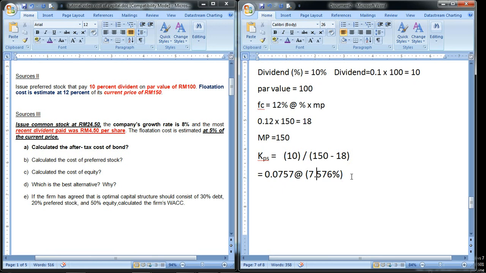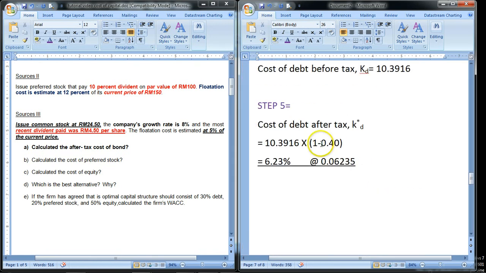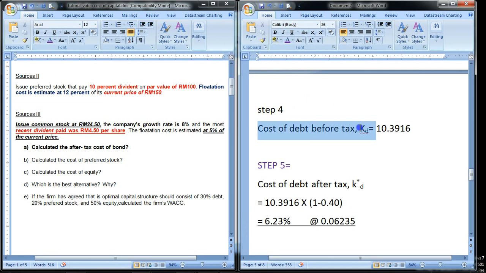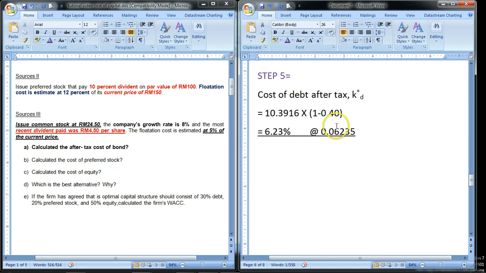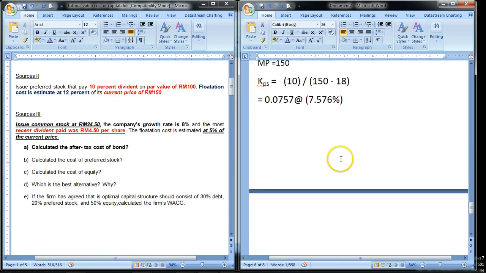Certain students will take this answer, then do 1 minus tax. Remember, only the cost of debt you need to times by 1 minus tax. For preferred stock and common stock, you do not need to, because as I told you, when you issue debt, you can reduce tax.